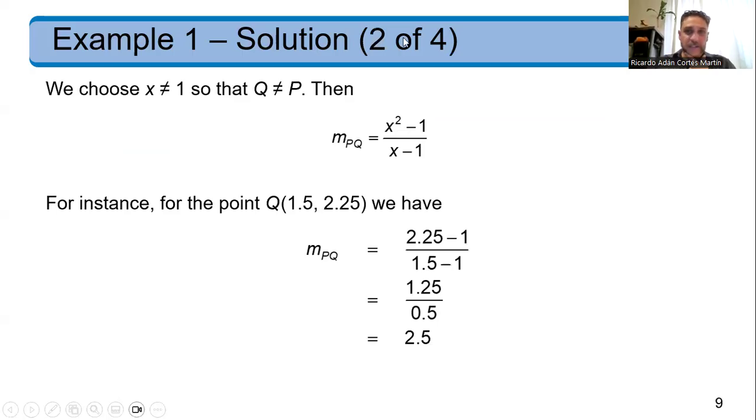So you get 0 over 0. And what's the value of 0 over 0? That's right. 0 over 0 is not defined, because it can be anything.